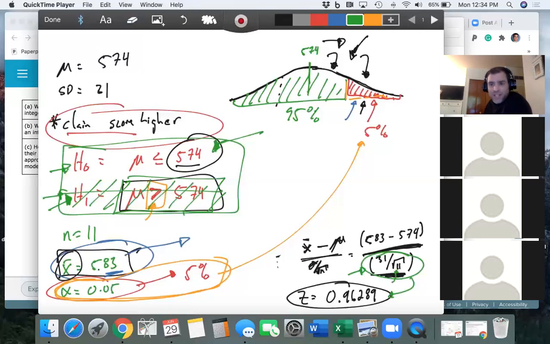That should make sense, because if I surveyed 50 people compared to 11, and I found that 50 people were getting this score, the 58.3, that's much easier to believe that everybody's doing at least that well compared to just finding 11 random people. Does that make sense? So yes, you're absolutely right. Larger samples do make it easier to substantiate the claim that you made.